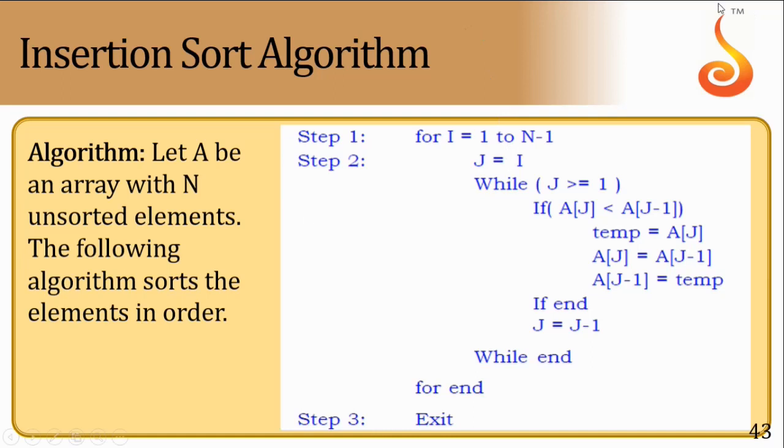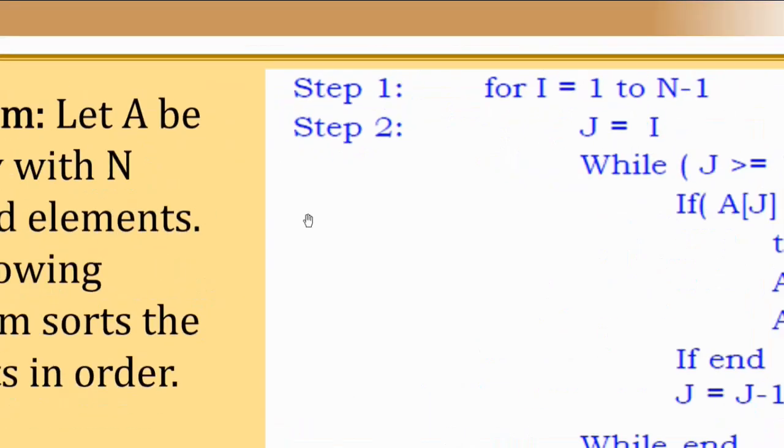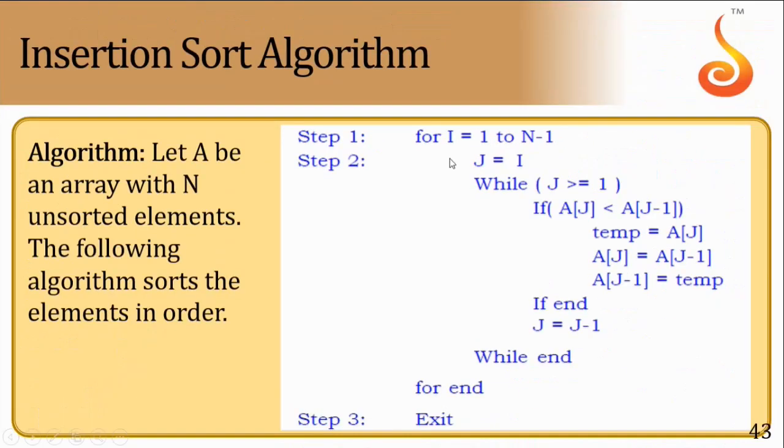So here since it is a while I'm going to make the initial value here j is equal to I, and then while j is greater than or equal to 1. I had written j greater than 0. Both are same, like j greater than or equal to 1 or j greater than 0 will give you the same.